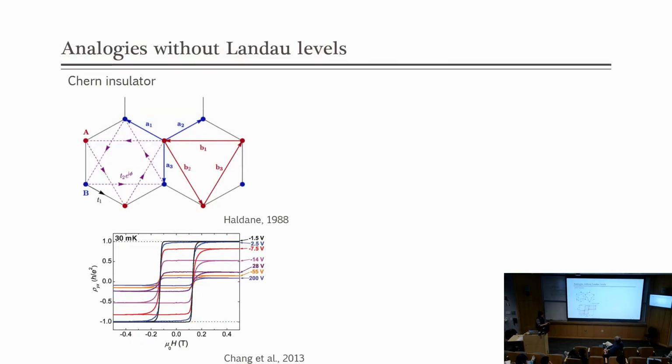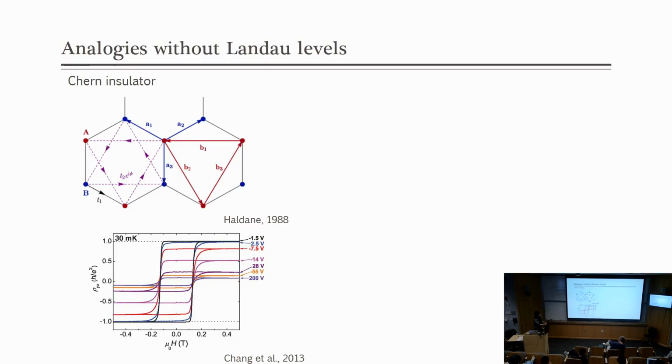But recently there has been a breakthrough in the field, because there are analogies of the fractional quantum Hall effect without Landau levels. Just like in the case of the Chern insulator that Haldane proposed. Here, without a magnetic field, you can still use next nearest neighbor hopping to mimic what happens when you have a magnetic field.